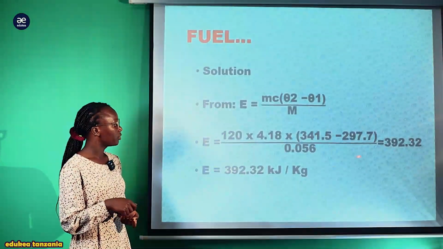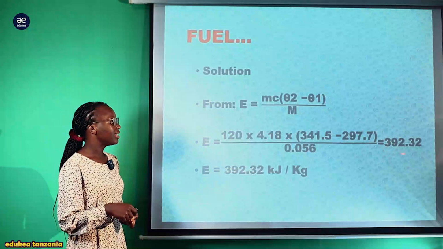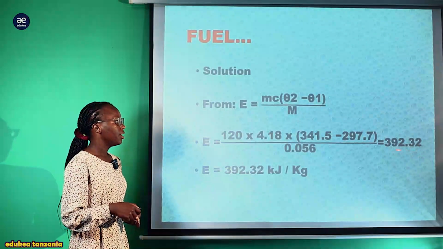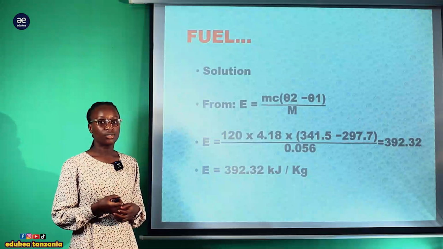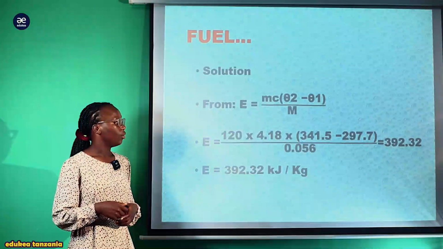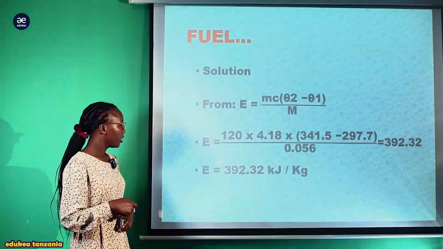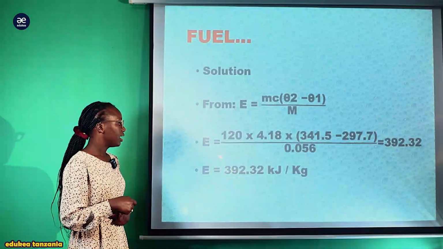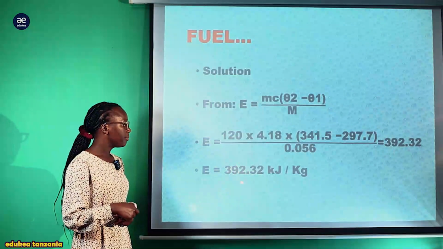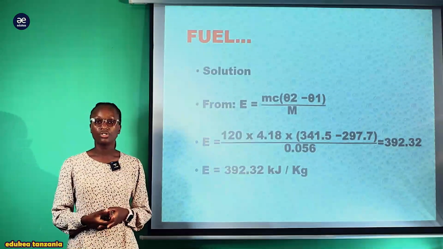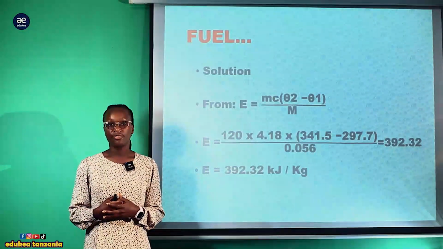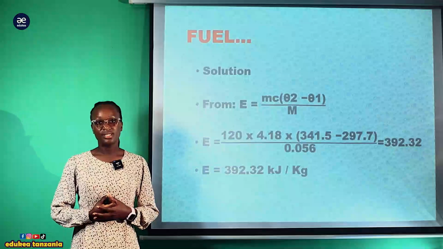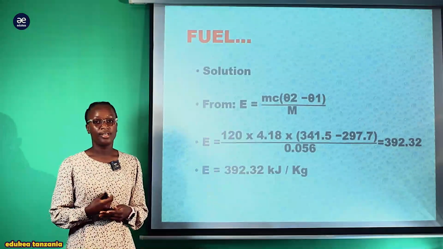So you can see ukiingizia hapa ukizidisha unakuja kupata 392.32. You can try to enter this data on your own ili uprove jibu. So energy finally tunaenda kupata 392.32 kilojoule per kilogram. Hiyo ndo energy value amount of biodiesel required ambayo ilihitajika.